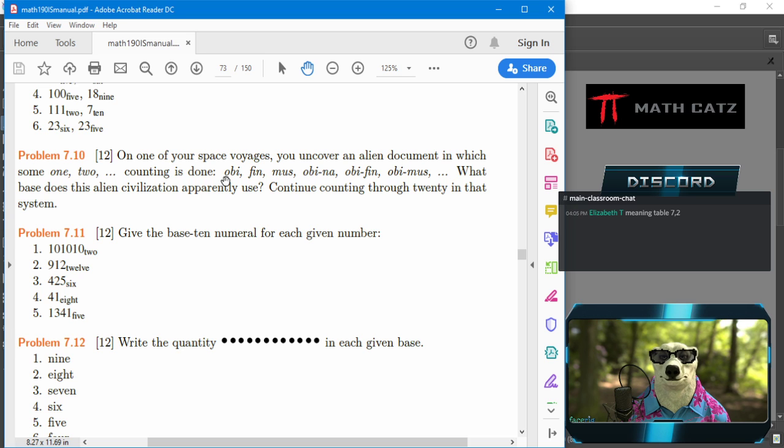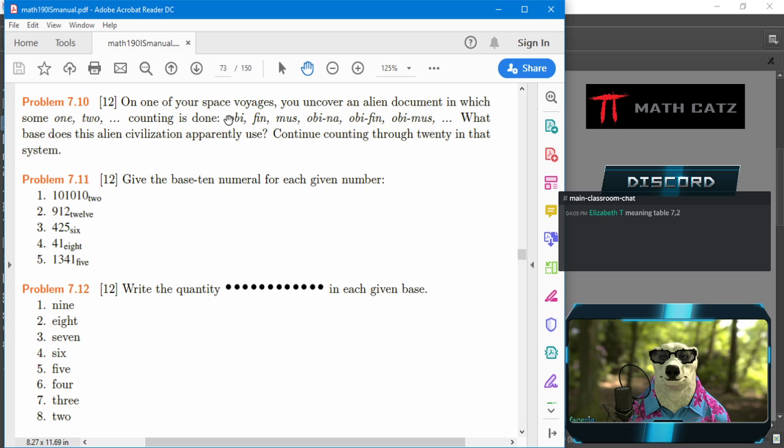So you see here that in 7.10 we have words to indicate these digits in order. We have our alien document in which counting 1, 2, 3, 4, and so on is done. So OB would be 1, and then fin would be 2, and mus would be 3.